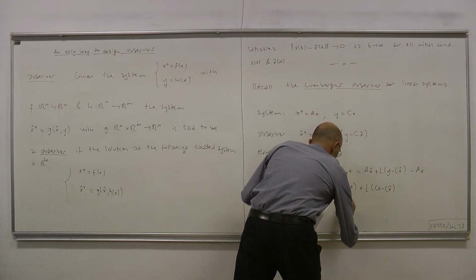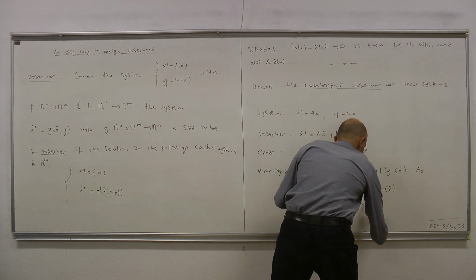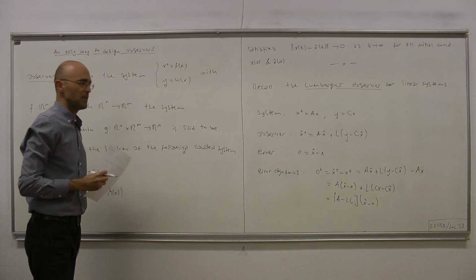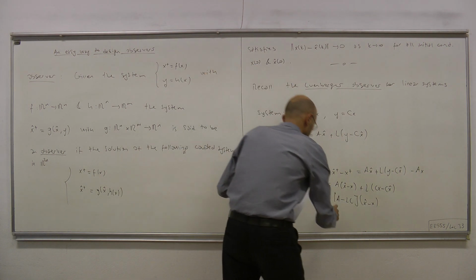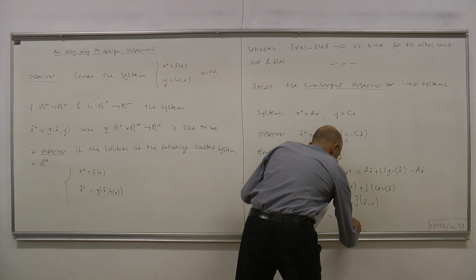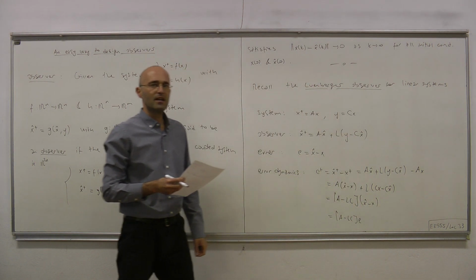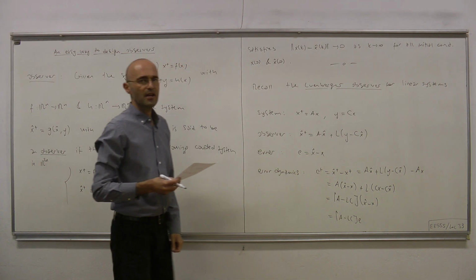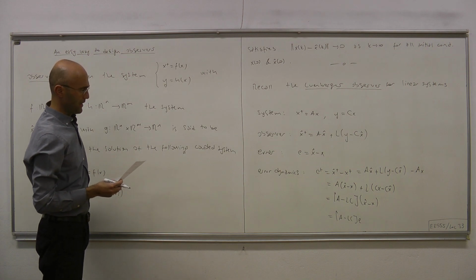That can be written as A minus LC times x hat minus x. Okay, and x hat minus x was no other than the error signal. Therefore, that equals A minus LC times error. Okay, therefore, error dynamics depends only on this difference, x hat minus x, not independently on x hat and x.